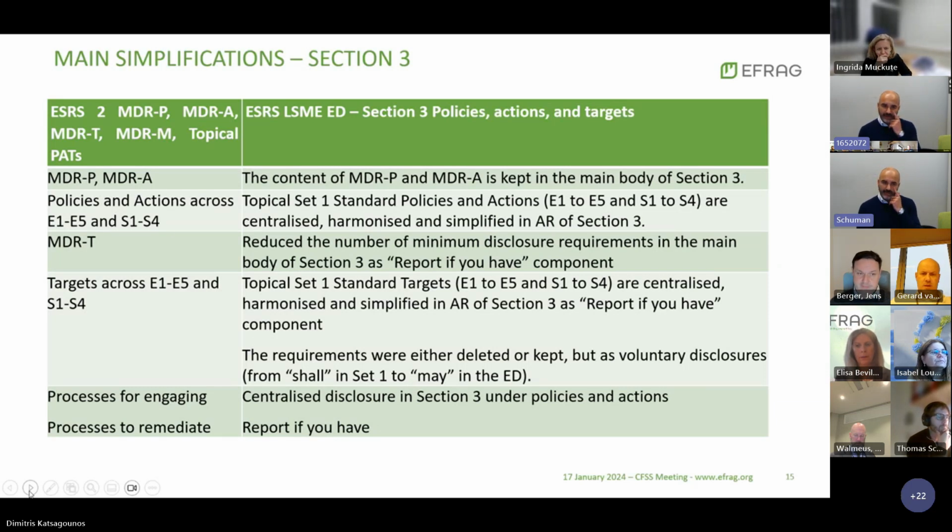We have maintained the content of the minimum disclosure requirements related to policies and actions, and we reduced the number of data points of the minimum disclosure requirements related to targets. As I told you before, targets are one of the "report if you have" components. In this section, we have also centralized the processes for engaging and to remediate.